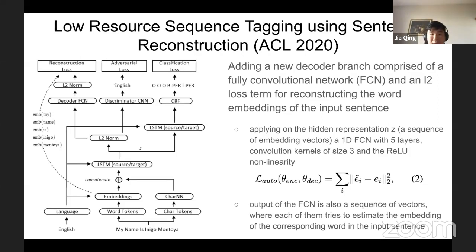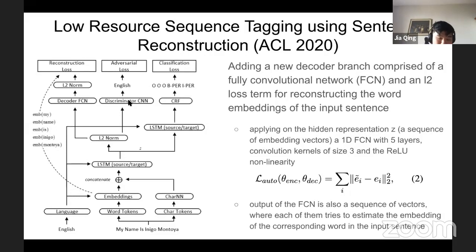By this time in ACL 2020, the idea of using encoders and decoders was pretty well established as well. The idea of the adversarial loss is that you have a discriminator convolutional neural network. Using the sentence representation, you feed that feature vector into a discriminator CNN. I have to explain that this was focused on cross-lingual.